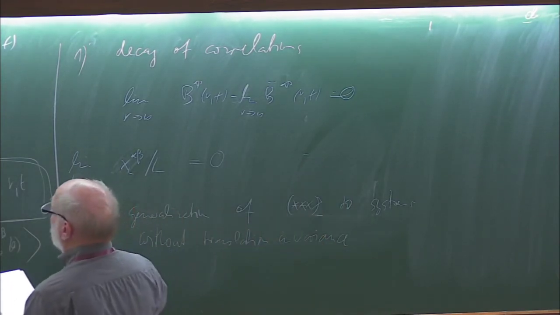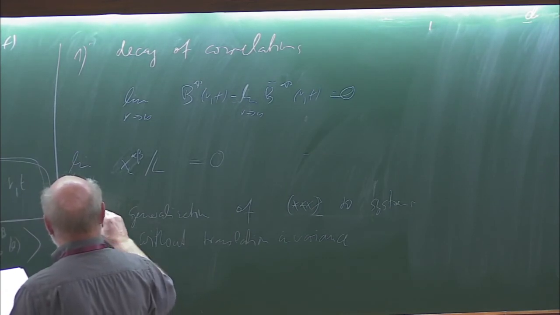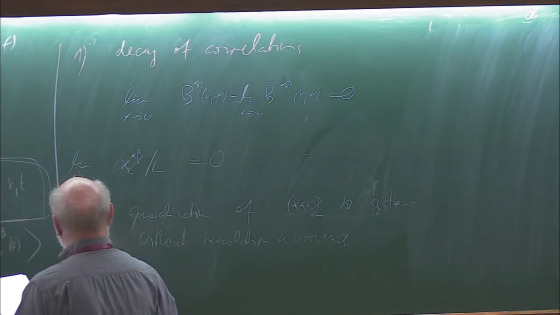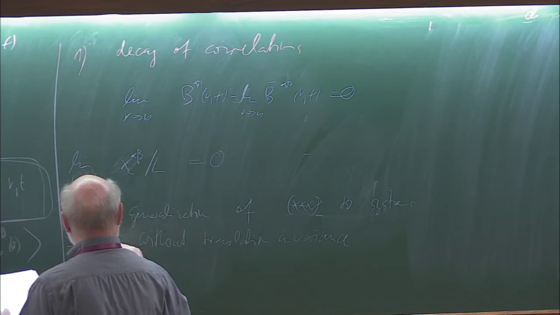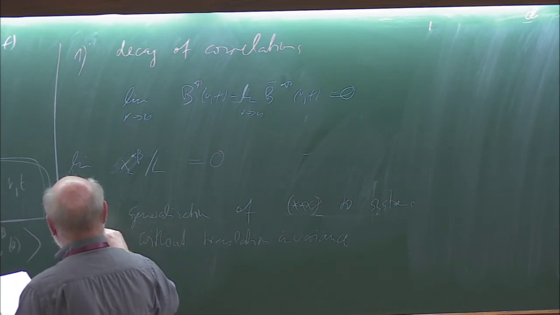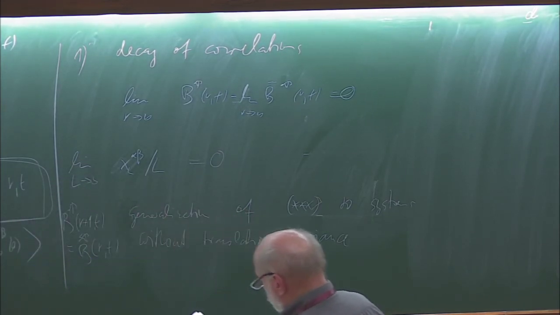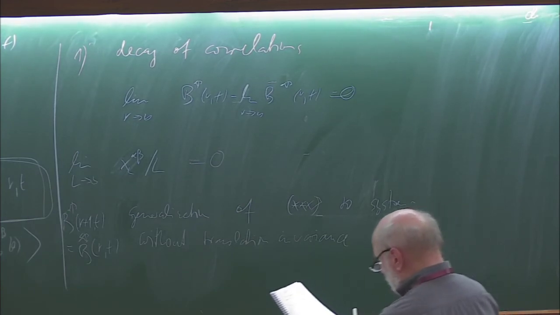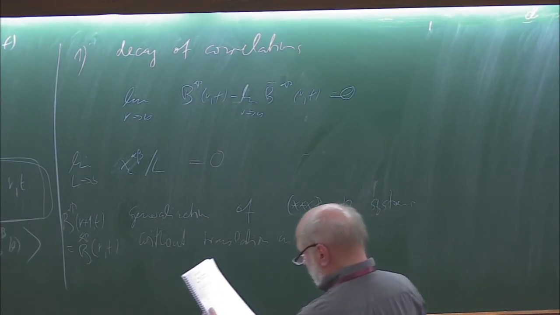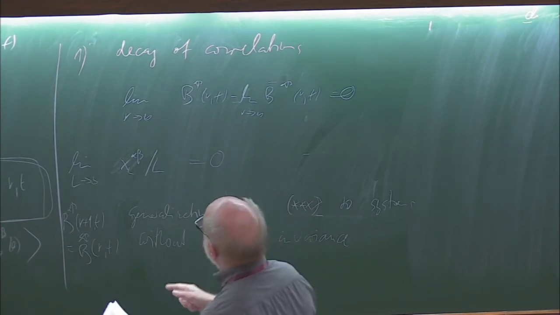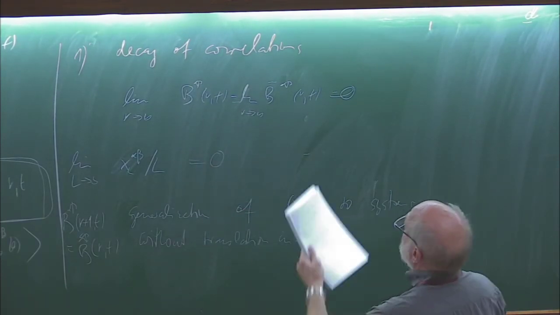So let me write it down. E of R plus 1 and T is equal to E tilde of R and T, beta, right? So now, this assumption of decay of correlation, I assume this to be 0.